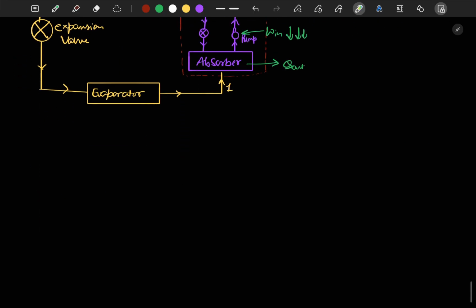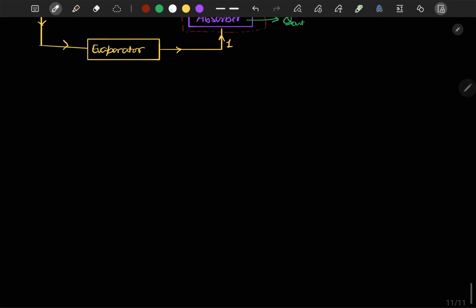Now moving forward, let's talk about the principle of the absorption system. On what principle does the absorption system work?